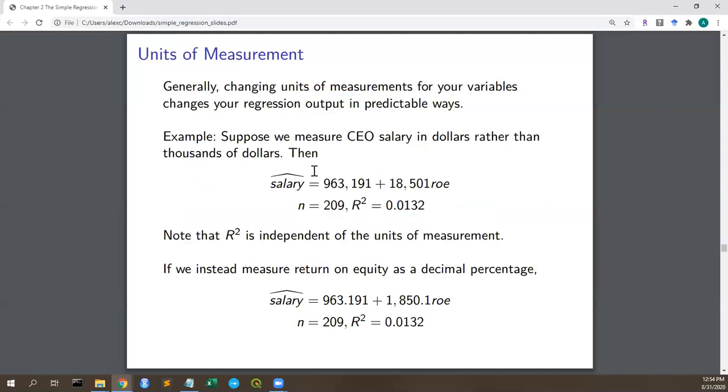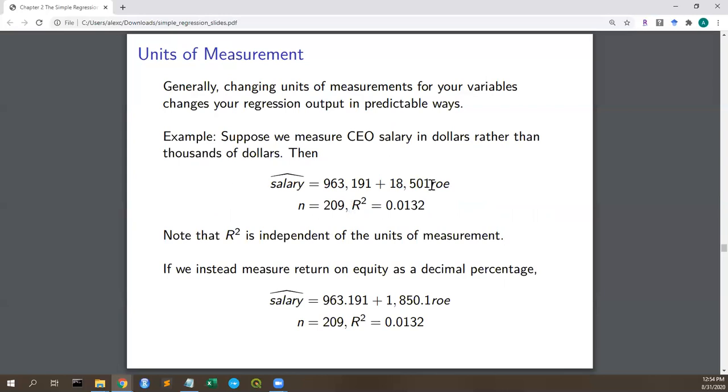But in here, rather, if I use dollars instead of thousands of dollars, if I increase my ROE by 1, I'll increase my salary by, again, $18,000. So the exact numbers are the same. It's just however you want to interpret that value.